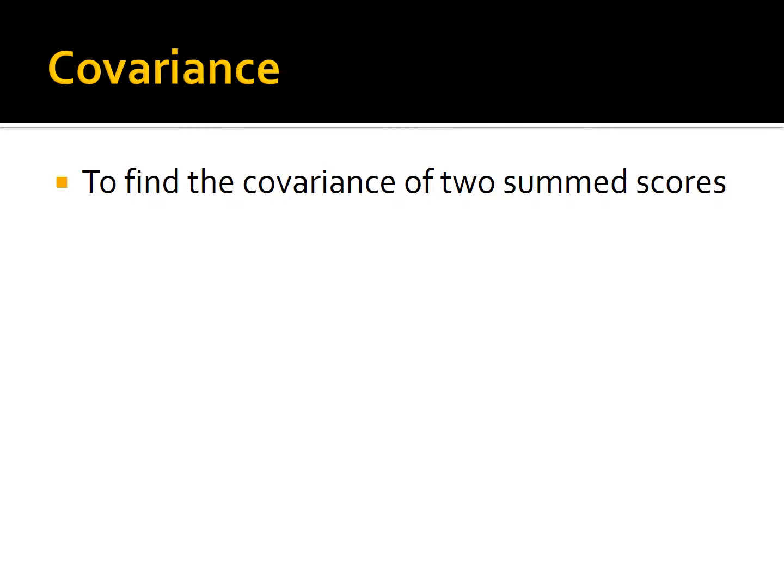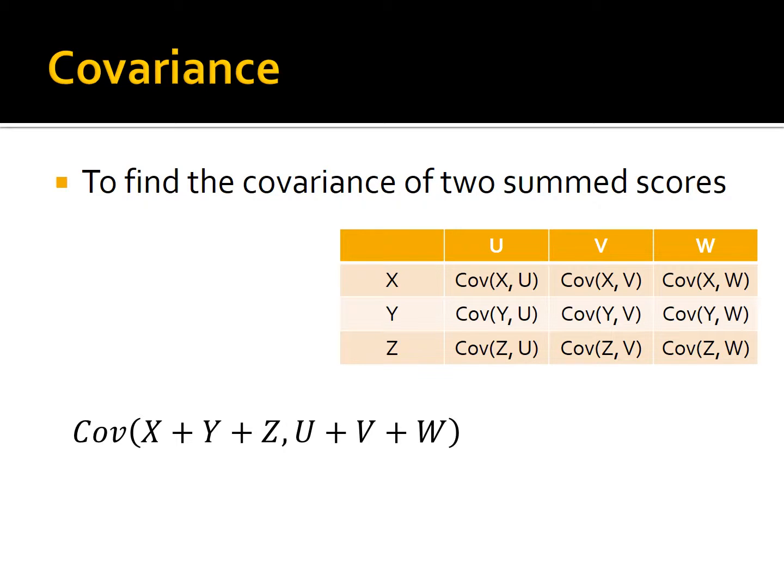So when we find the covariance of two sums, for example, the covariance of x plus y plus z and u plus v plus w, my trick is that you put the random variables in the first term as the rows of a matrix and the random variables in the second term as the columns of a matrix.